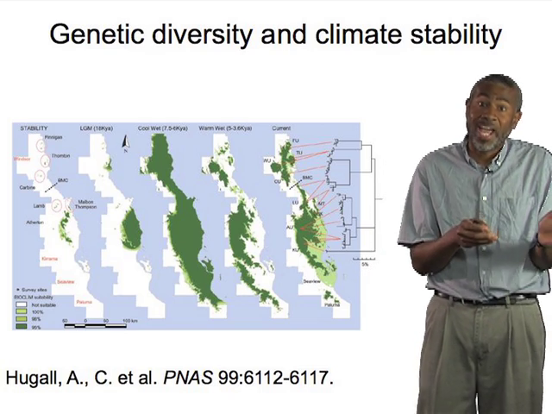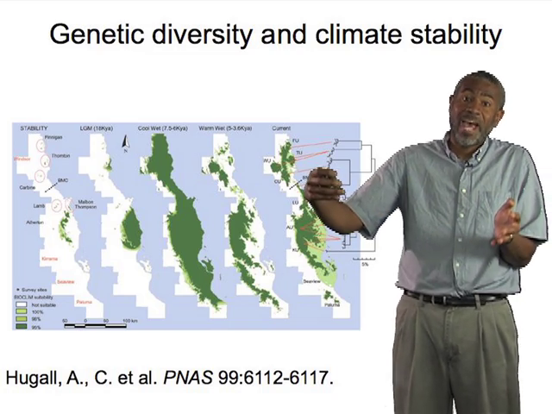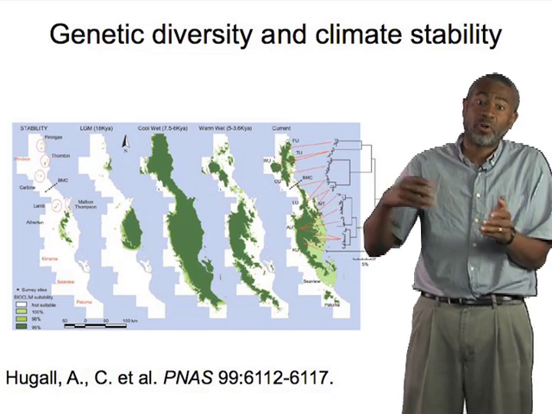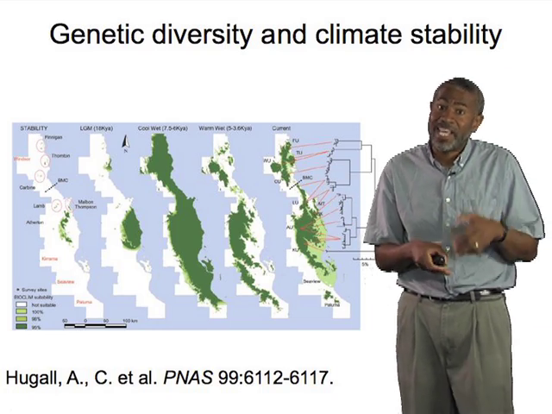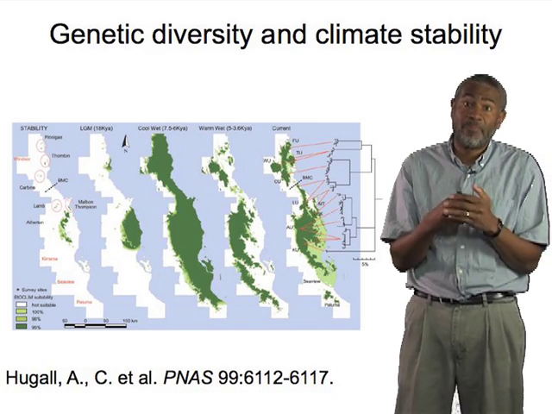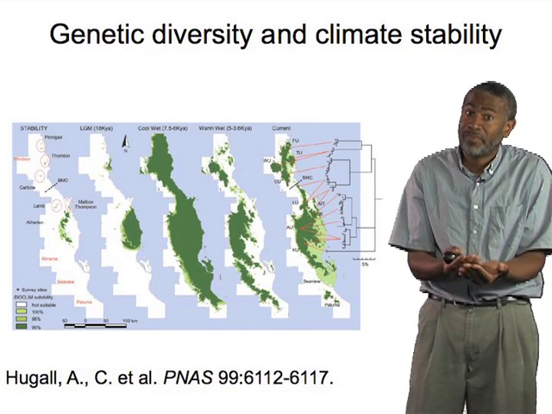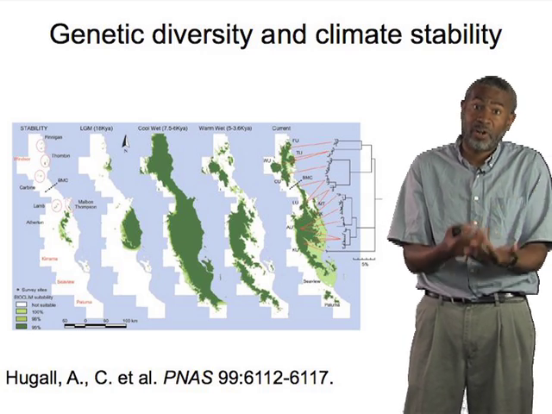On the extreme left, you can see the areas that have showed the most stable patches of rainforest over time, across all the other 4 maps. And what was intriguing is that these researchers found that those areas of northern Australia which showed the most stability in the climate and the habitat also showed the most genetic variation.